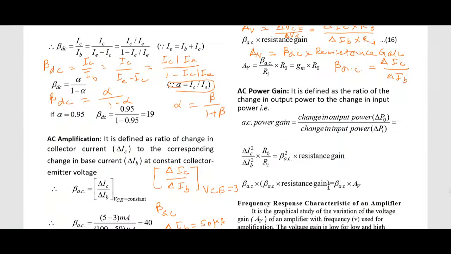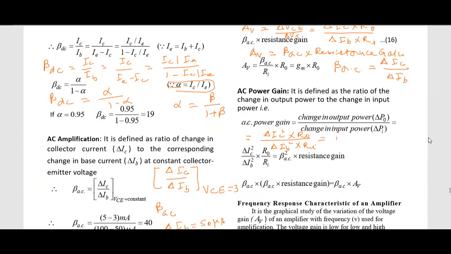Now the next factor is power gain. Power gain is change in output power divided by change in input power. So AC power gain is change in output power, delta IC square into R0, divided by delta IB square into Ri.